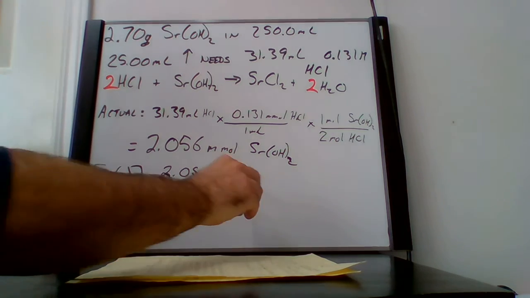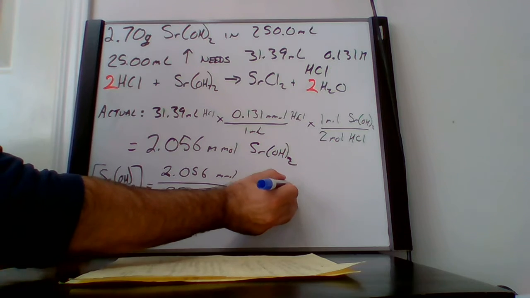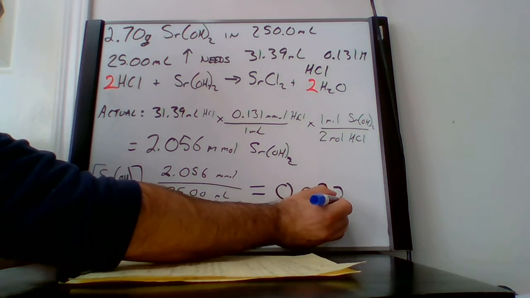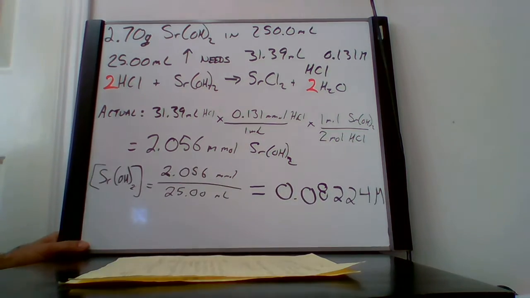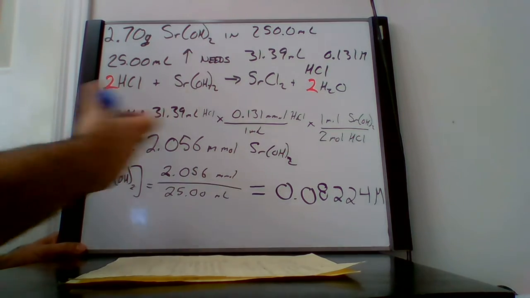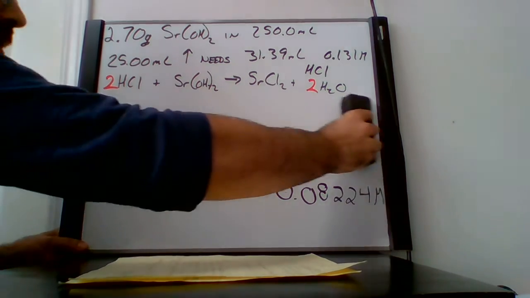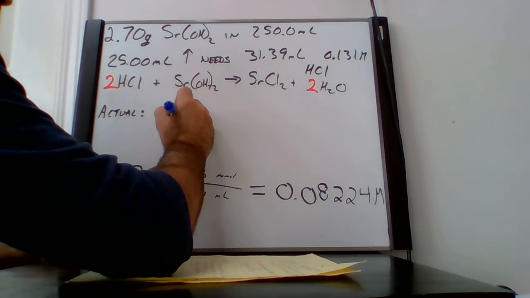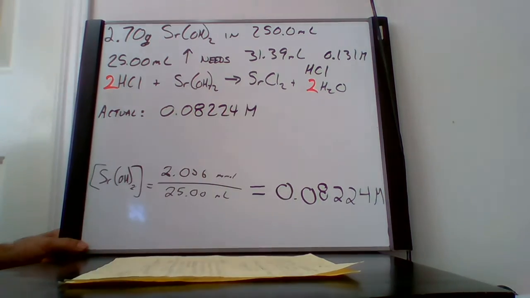This gives me an actual concentration here of 0.08224 molarity, right? Millimoles divided by milliliters still gives me that molarity. So there are the steps to get the actual value of that concentration. I'm just going to get this out of the way for a second, rewrite this actual value.